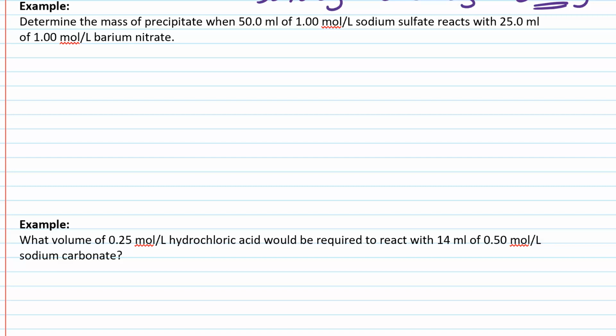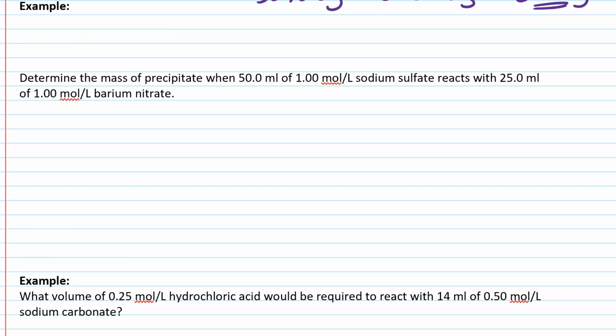So what's the chemical reaction equation for this? I think you should be able to do this on your own. Just to save some space, I want to write that balanced chemical equation above that example line. We have sodium sulfate, Na and SO4, reacting with barium nitrate, Ba and NO3.